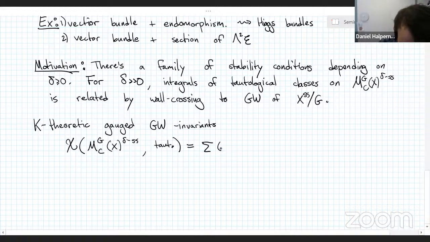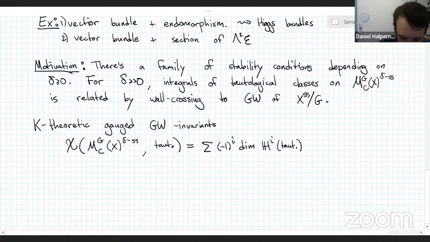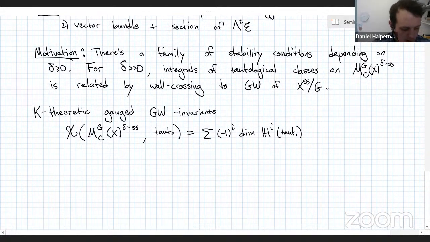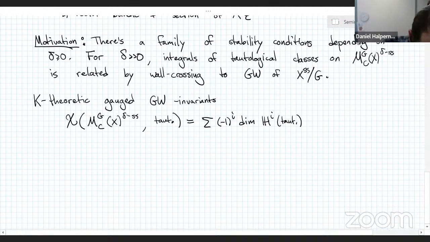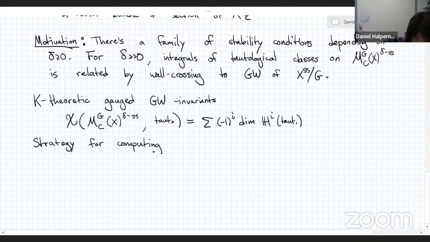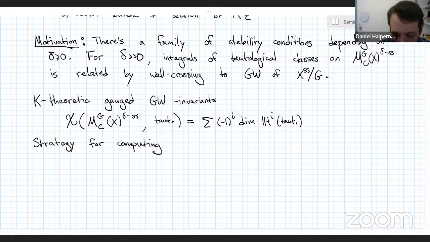And the point is that in K-theory, the integral is the Euler characteristic of this tautological class, just using the algebraic or the coherent cohomology. So there's a strategy for computing these. By the work of Woodward and Gonzalez, there are wall crossing formulas, as I mentioned, that relate these to K-theoretic Gromov-Witten invariants of the GIT quotient when delta is very large.